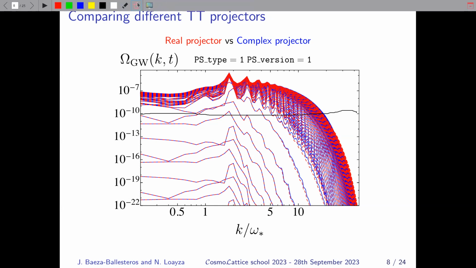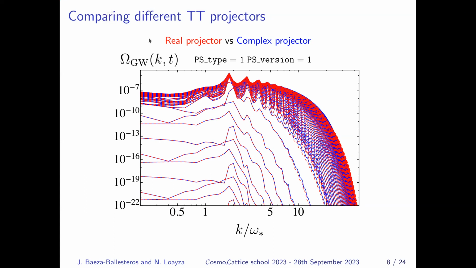I'm not saying orders of magnitude, but I remember scenarios in which the integrated energy density was changing by up to 20%. Not a crazy change, but if you want accurate parameter extraction in the future with detection of gravitational wave backgrounds, these kinds of details might matter.